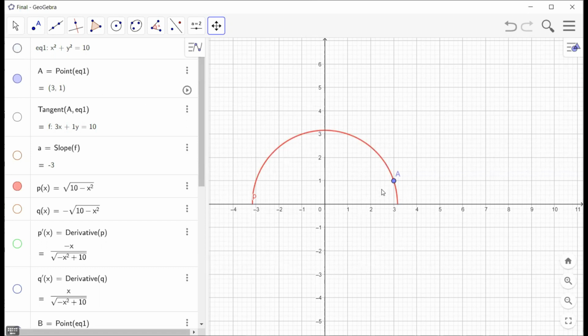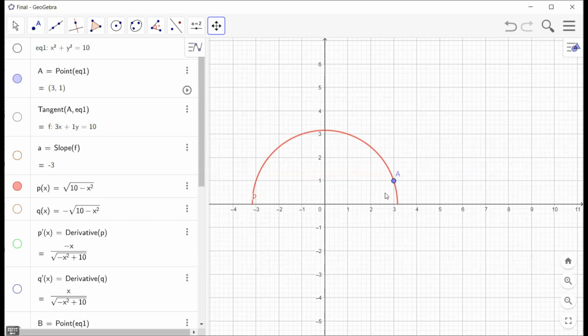Because our point is on the upper part of the relation, the same discussion applies to the semicircle y equals square root of 10 minus x squared, because we already have this point in this part of the relation.